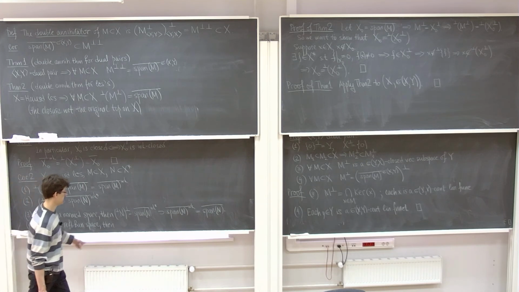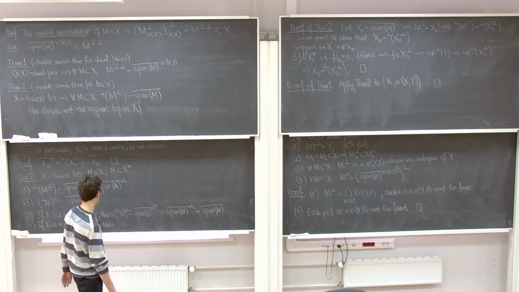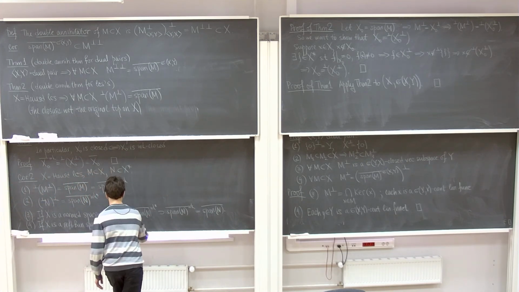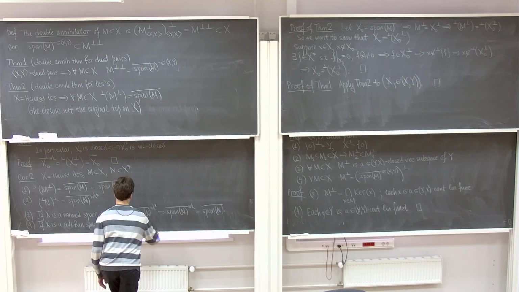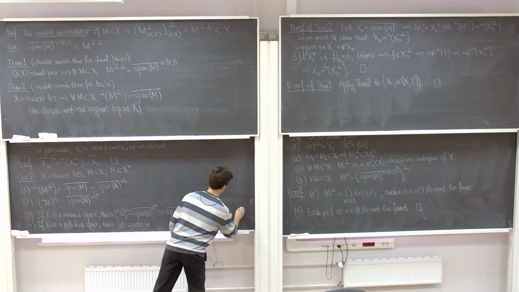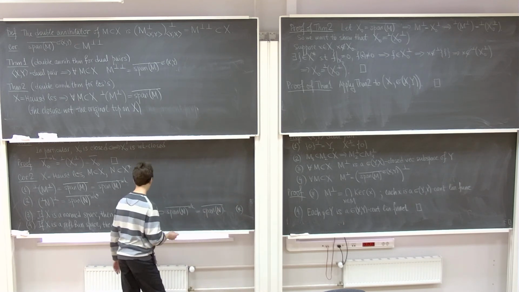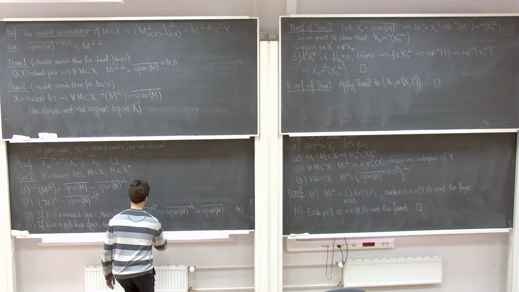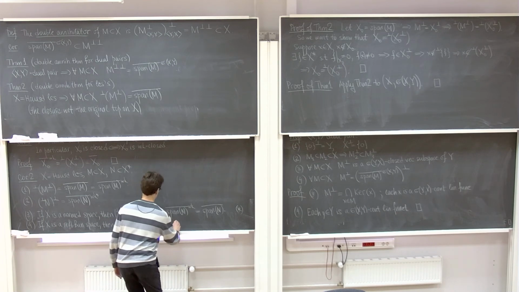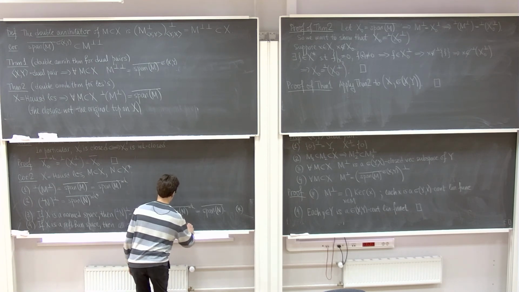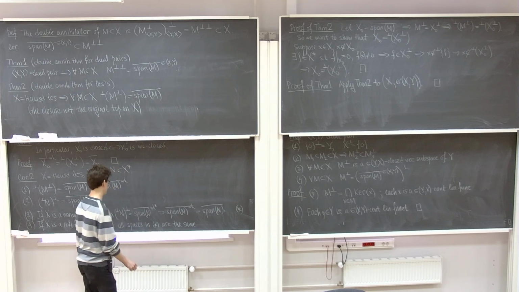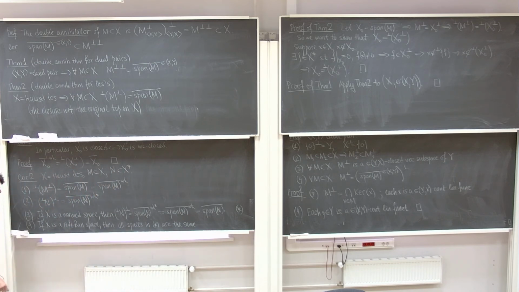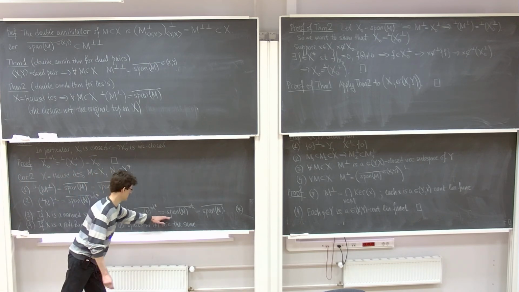And so all the spaces in this chain are the same. All spaces in this chain, let's denote it star, are the same. But if X is not reflexive, it can happen that this inclusion is proper.